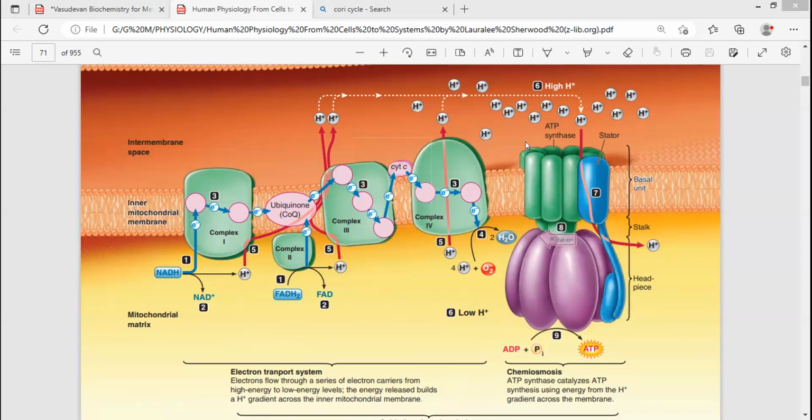So we'd say it's reduction, because essentially it has gained electrons. That is why it had a positive charge, and now it's a neutral charge, meaning it has gained electrons.